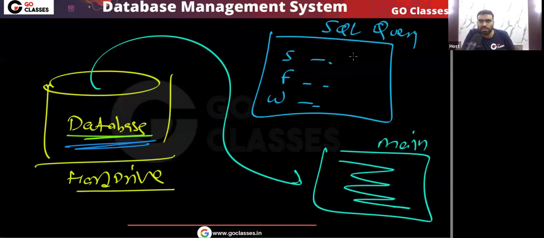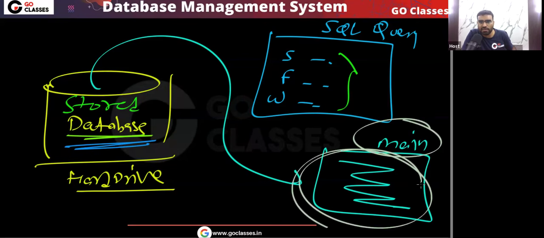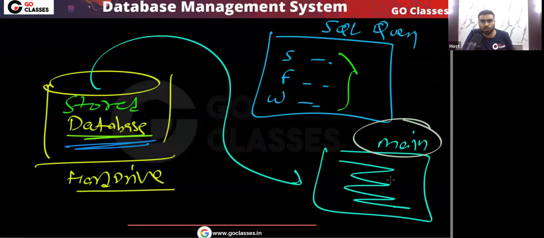Remember, all these SQL retrieval queries, select from where, will not change your stored database. The tables will come into the main memory, and then the output will be displayed to you.